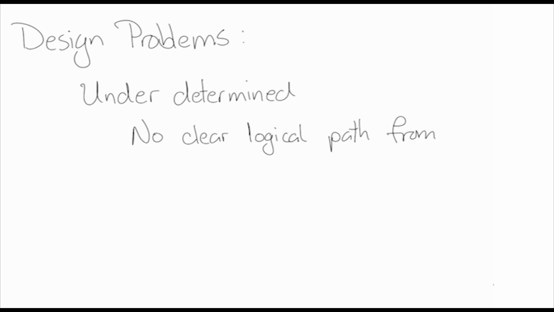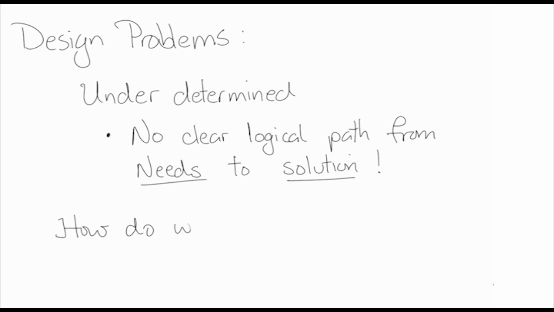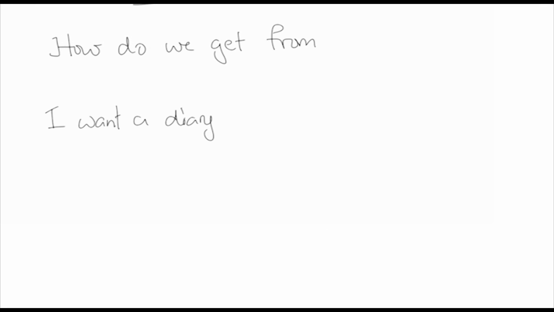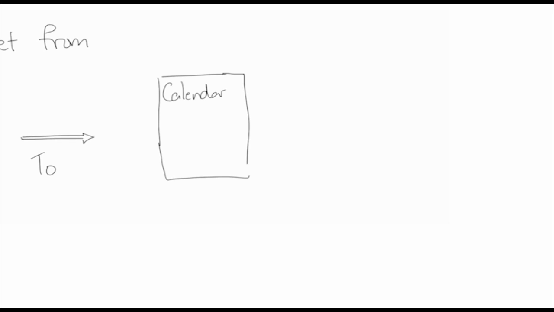They are often underdetermined, and they're underdetermined in the following way. There is no clear logical path from the statement of needs, the statement of requirements, to a solution. How do we get from I want a diary and a calendar system to any particular design structure like the one that we hypothesized earlier?